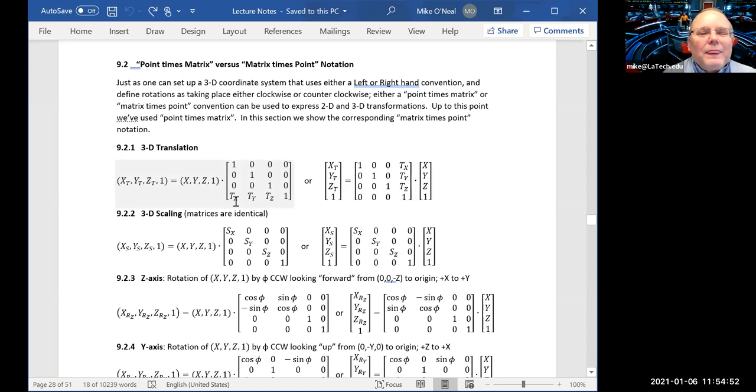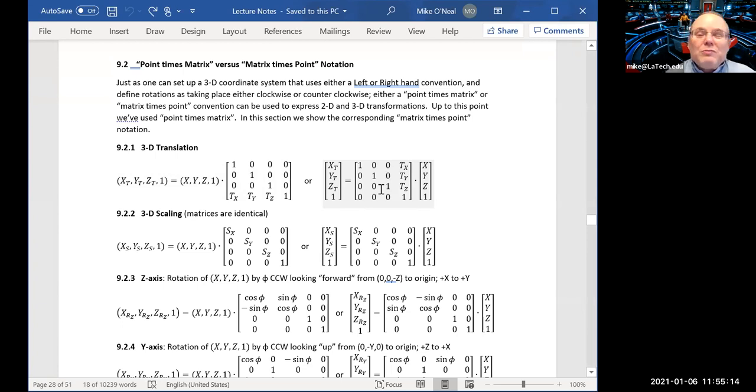Now notice what happened. The matrix went from having the translation factors along the bottom row to being along the left column. So sometimes if you look up 3D rotation, you'll see a picture of this matrix. Why?